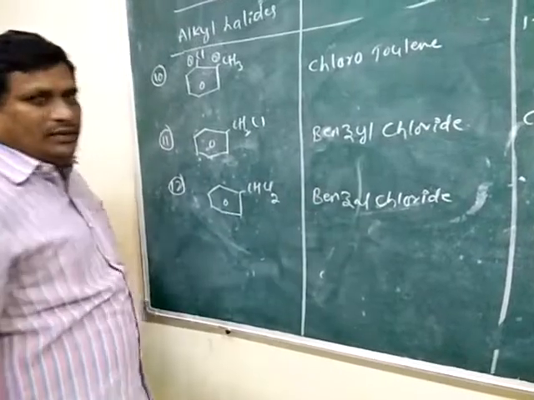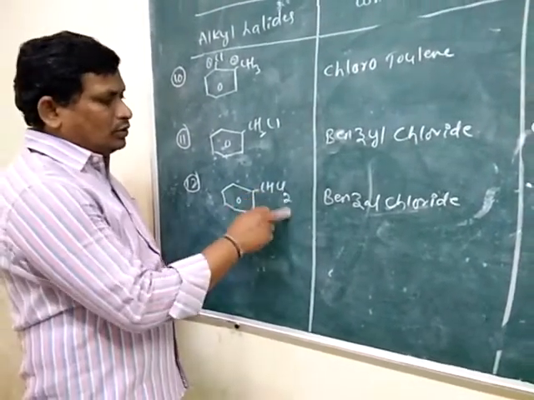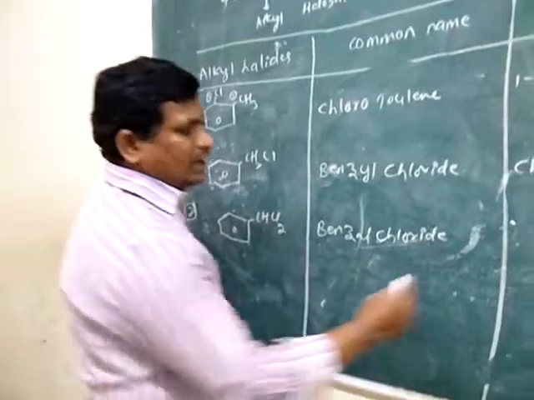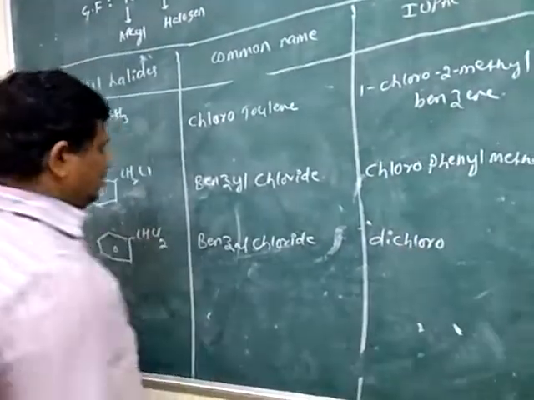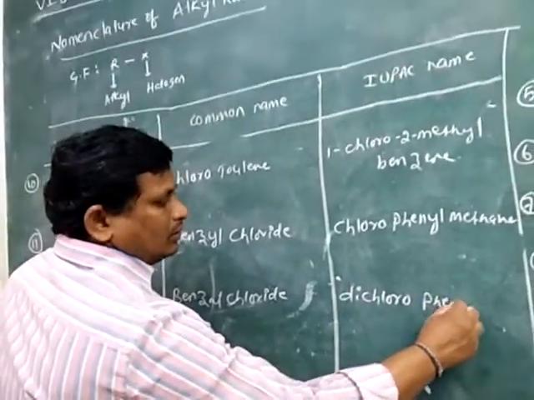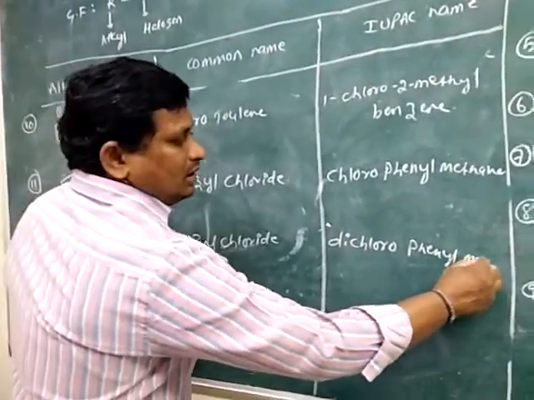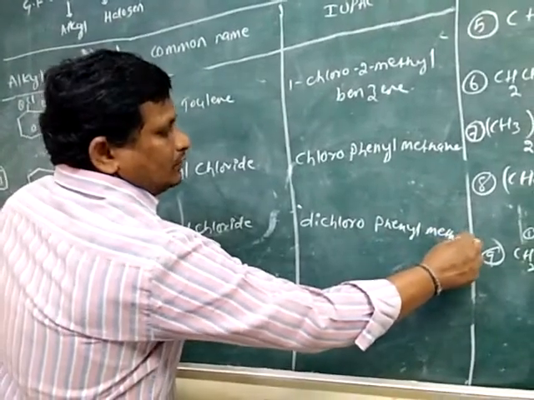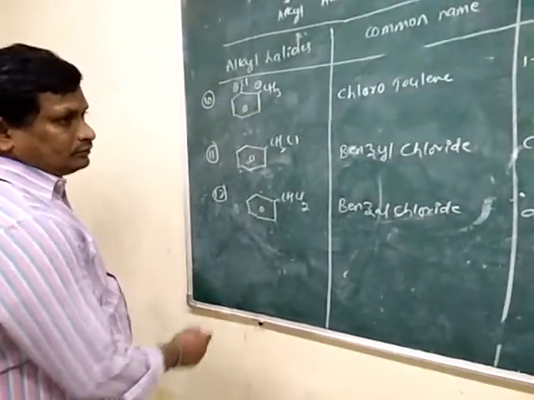It is the common name, but in the IUPAC name, since two chlorines are present, it is dichlorophenylmethane. It is the IUPAC name.